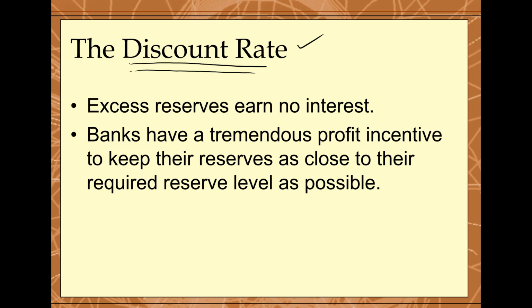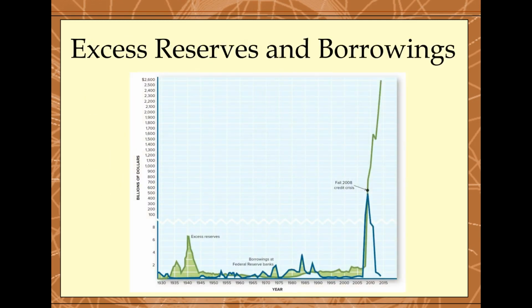Now, in times of crisis, banks do borrow from the Federal Reserve. And you can see here, look at this. This shows bank borrowing from the Federal Reserve. And you can see in the financial crisis of 2007 and 2008, that skyrocketed, right? That's the banking crisis.